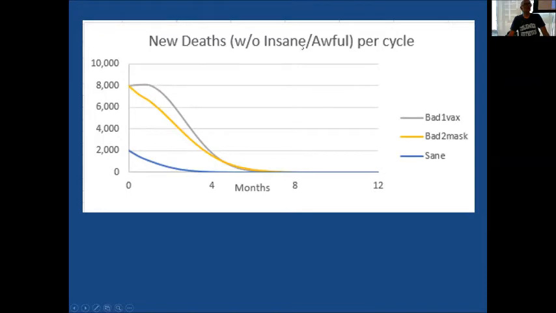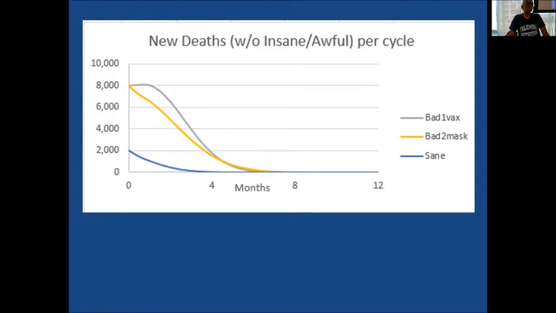Without those two regions, you can see here that, in fact, it does matter whether you have only one mandate or whether you have both mandates. So if you only have a vax mandate or you only have a mask mandate, it's not really awful or insane, but it's still a lot more than it needs to be.